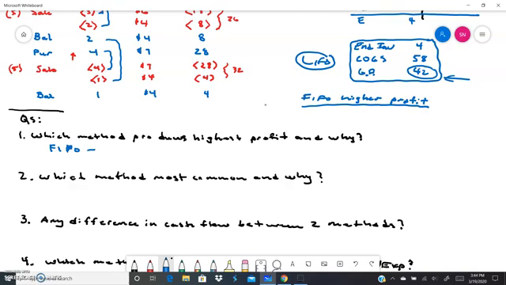But FIFO produces the highest profit, but only during a period of rising prices. And I'm talking about the costs of the product that they're purchasing.